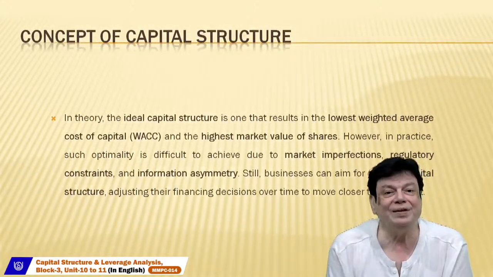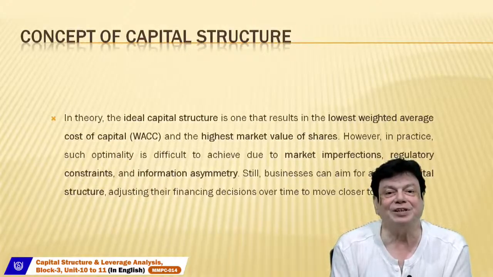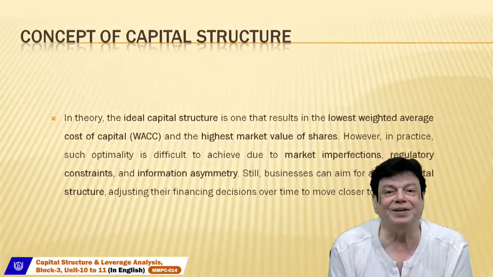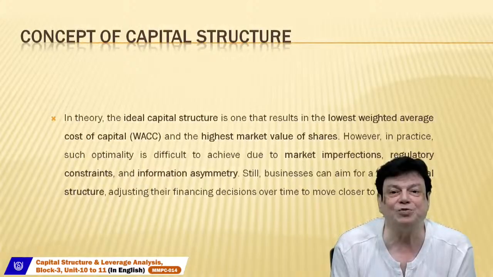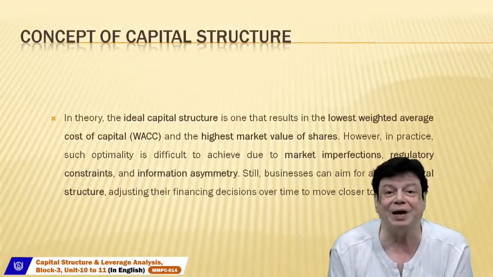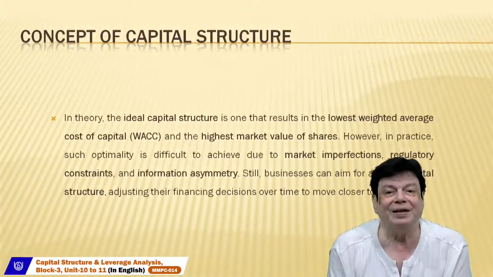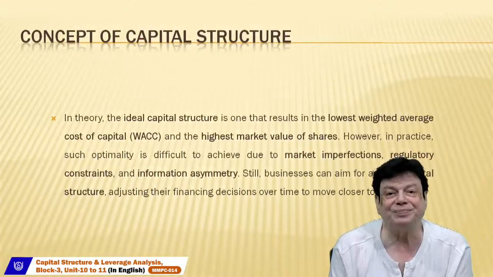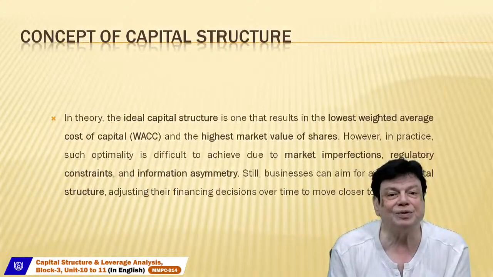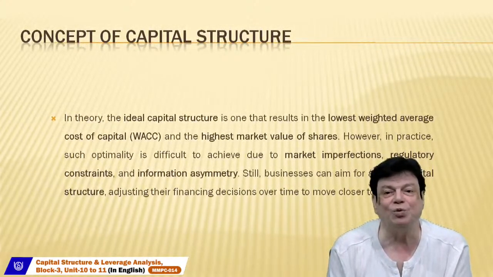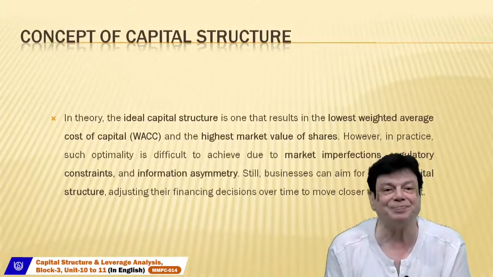In theory, the ideal capital structure is one that results in the lowest weighted average cost of capital and the highest market value of shares. However, in practice, such optimality is difficult to achieve due to market imperfections.